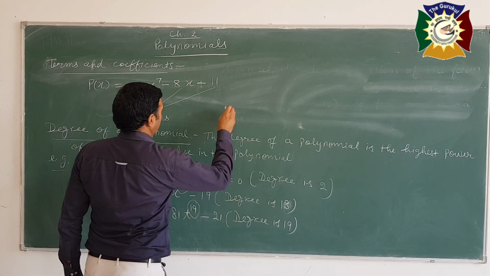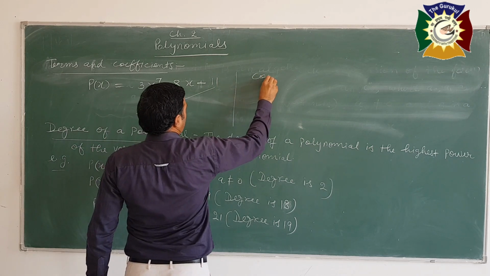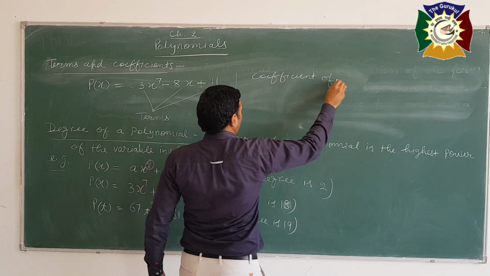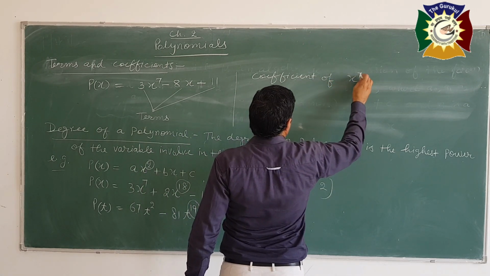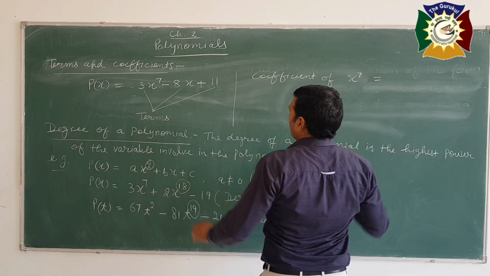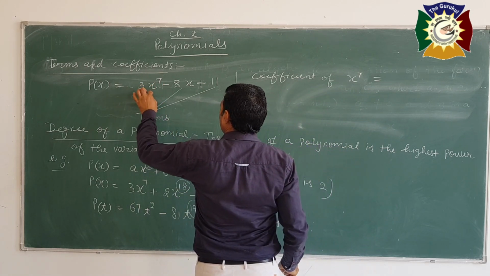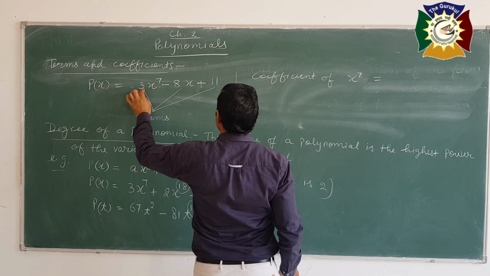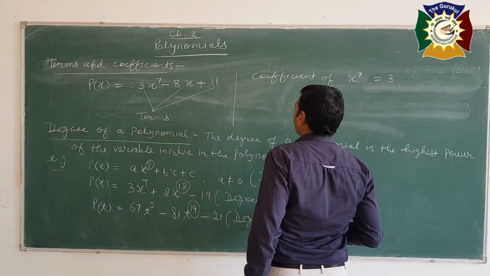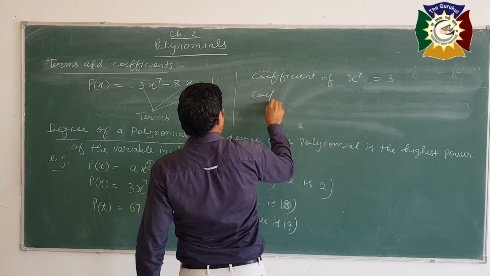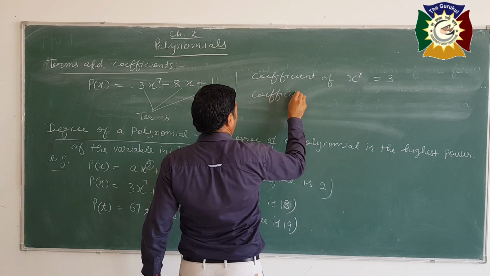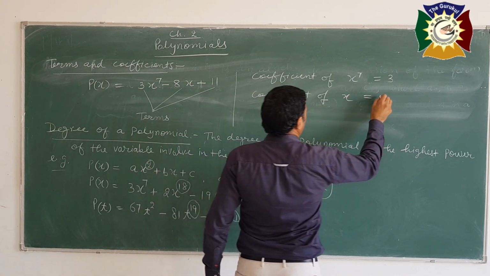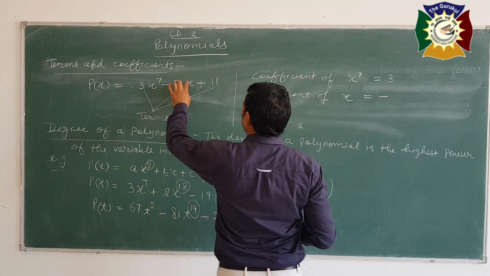And the coefficients. What is the coefficient of x raised to power 7? Actually, the literal coefficient is the multiple of this, and the multiple of this is 3. And the coefficient of x, the multiple of x, is actually minus 8.